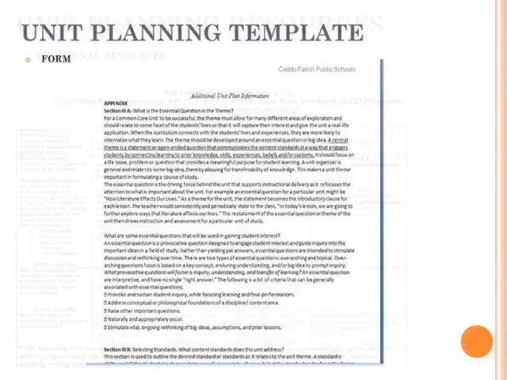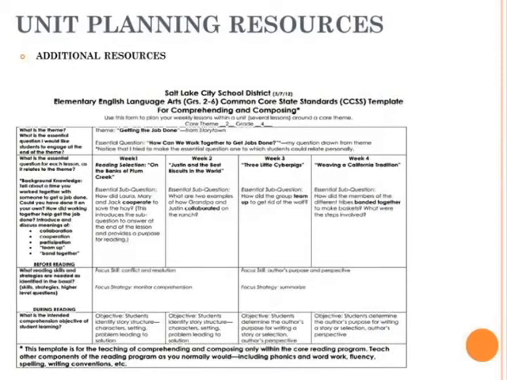Earlier in the presentation, I referenced the Salt Lake City Schools website, that the hyperlink is in the unit plan guidelines. They already have some pacing guides for using Storytown if you wish to use Storytown throughout the year with all of the stories. And here's a sample of what they have provided for creating essential questions when you're doing the comprehending and composing sections of your units that you may find helpful.